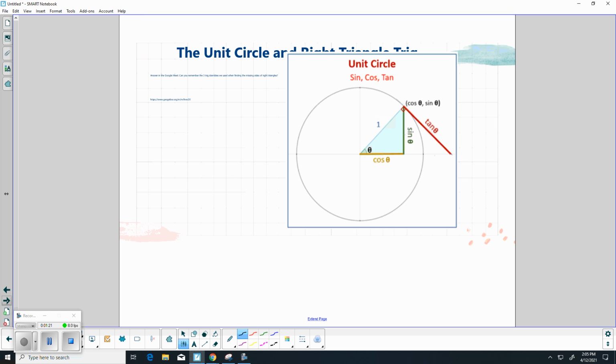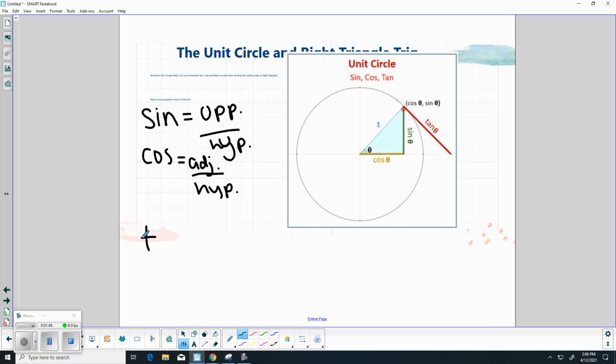So, the three trig identities that we use when working with right triangles were sine, which is equal to opposite over hypotenuse; cosine, which is equal to adjacent over hypotenuse; and tangent, which is equal to opposite over adjacent, or sine over cosine.